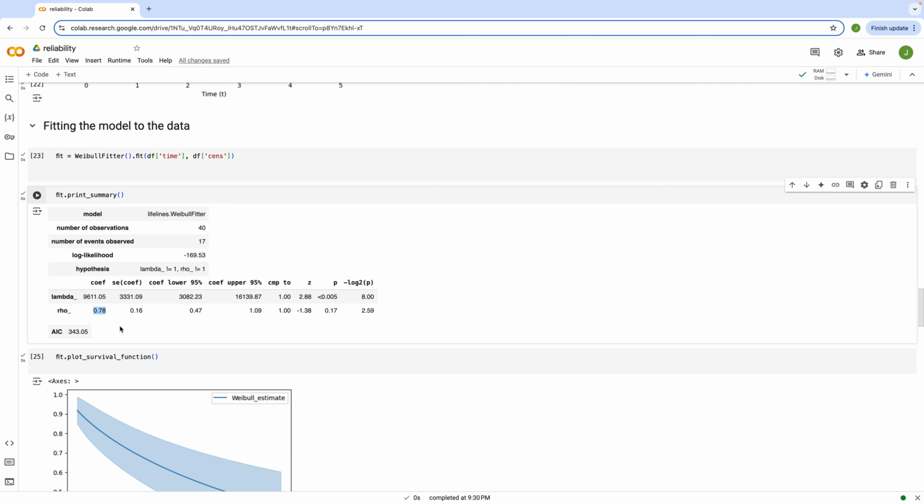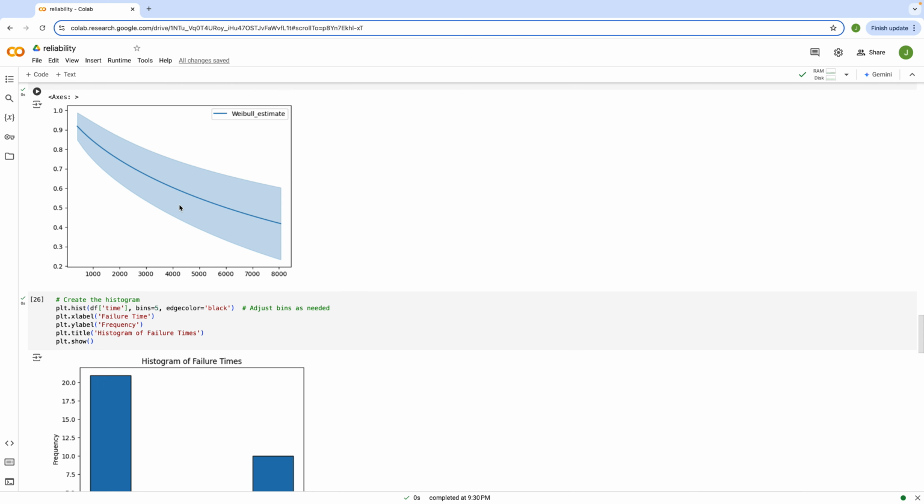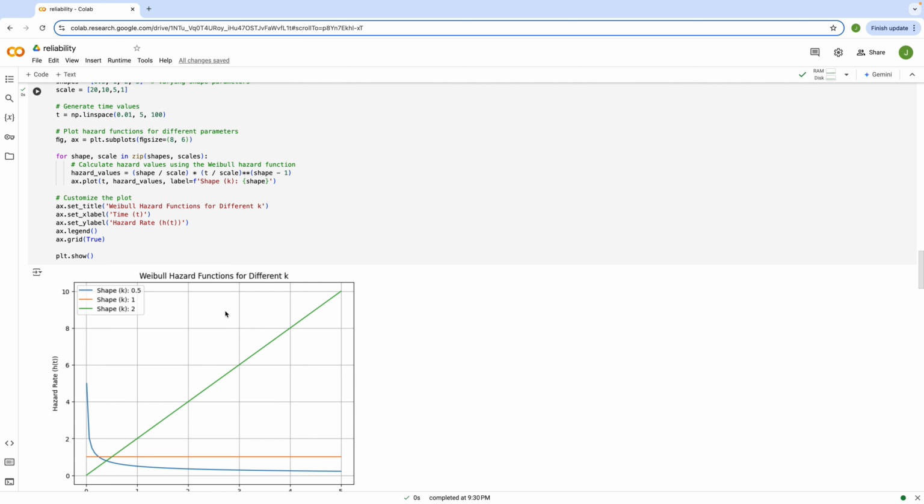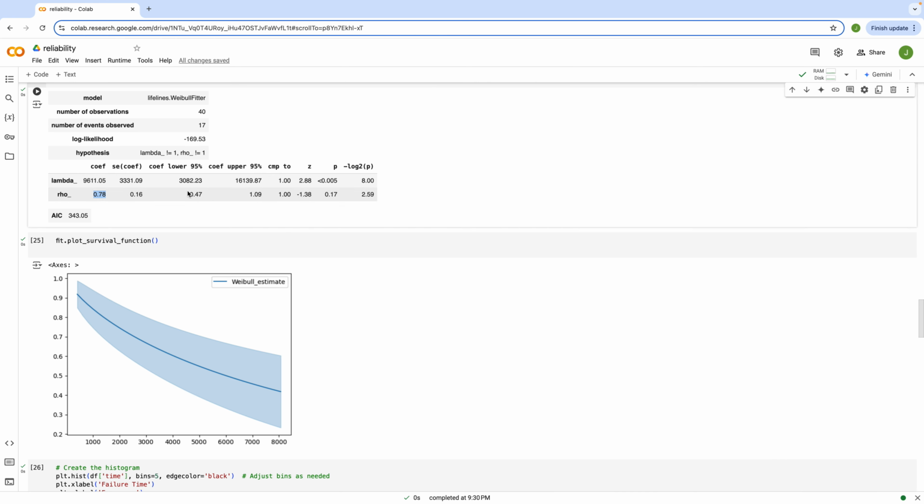So it's possible that the chance of failure is less than 1, and the hazard decreases over time. It's also possible it's flat, and it's also possible it increases according to this 95% confidence interval. So that's not great.